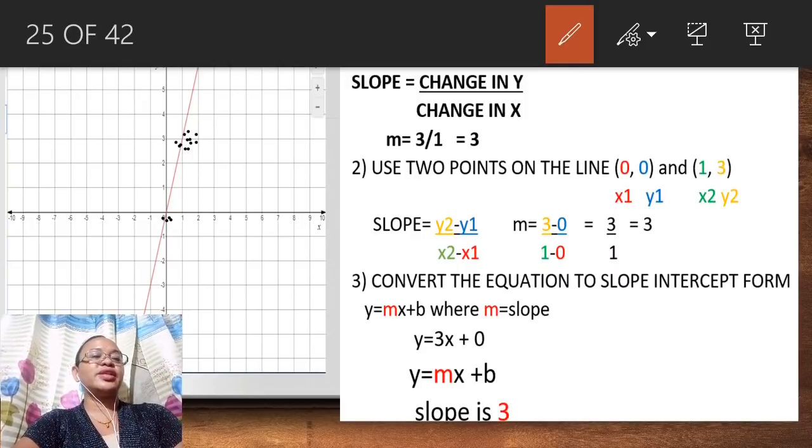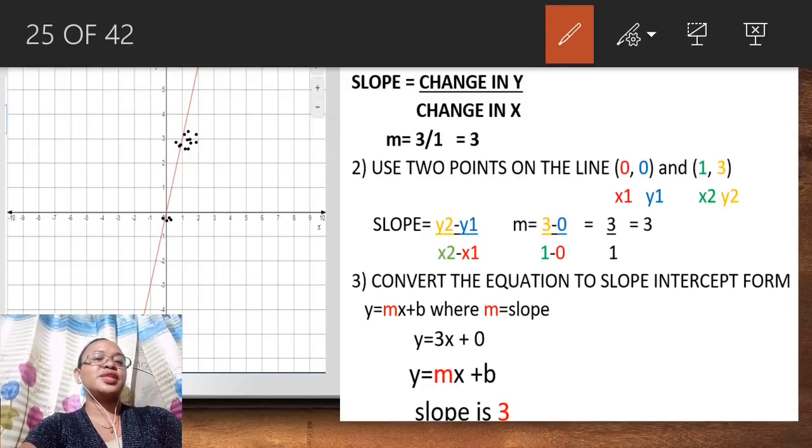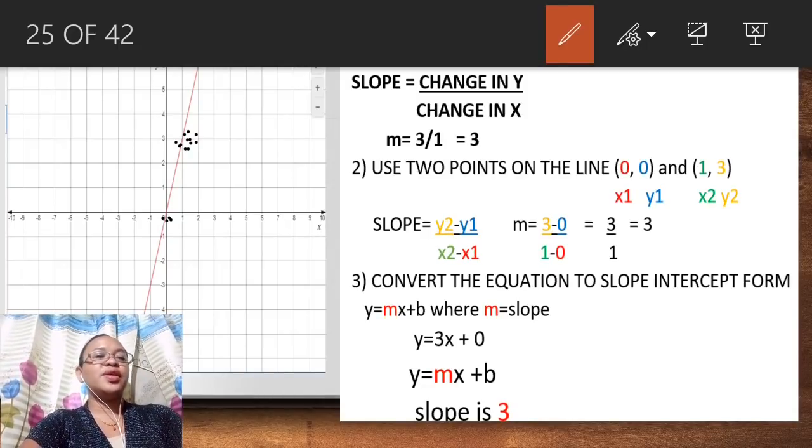The 0 is x1, the other 0 is y1. And then the 1 in the second point, the green number, is the x2. And then the 3, the yellow number, is the y2. So we will now substitute that in our formula, y2 minus y1 over x2 minus x1.